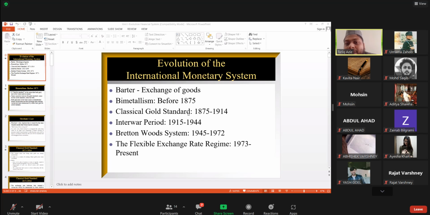Why was this disputed during this period? Because it was unknown how much money was being printed by which country. In the classical gold standard system, it was known that only that money is in circulation which has gold behind it, because no additional money can be printed without keeping equivalent gold in reserve. But in the interwar period, that is 1915 to 1944, this rule was flouted.